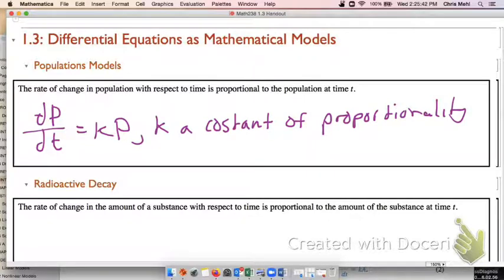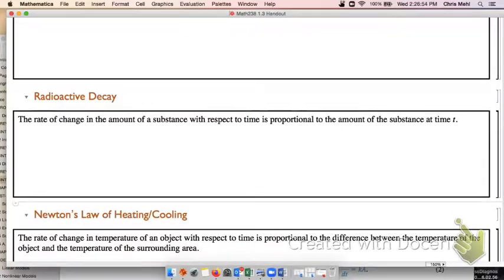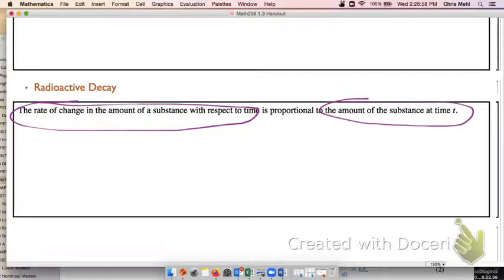Now, radioactive decay, which is more accurate and also involves proportionality, this time it says the rate of change of the amount of a substance with respect to time is proportional to the amount of the substance at time t.